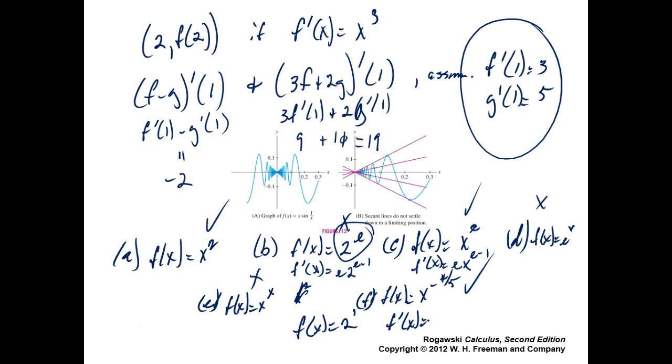But using the rule, let's call it 1's rule, that would be 1 times 2 to the 0th power, right? And what is 2 to the 0th? 1, and 1 times 1 is 1. So now, on the one hand, we say the derivative of 2 is 0, and by 1's rule, we say it's 1. Can it be both? So, which are we going to throw away? Let's keep 1. No.